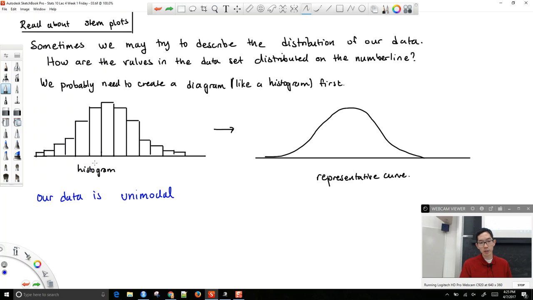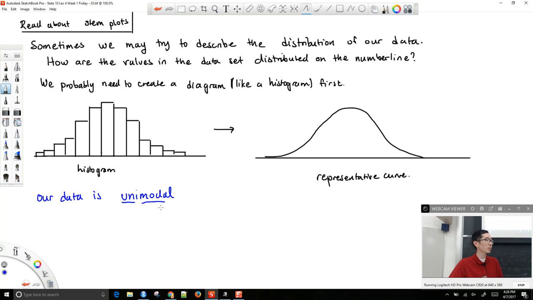So uni represents one, and modal represents this idea of the mode. I'm assuming at some point in your high school education, you learned about the three different averages: the mean, the median, and the mode, right? And the mode was what?